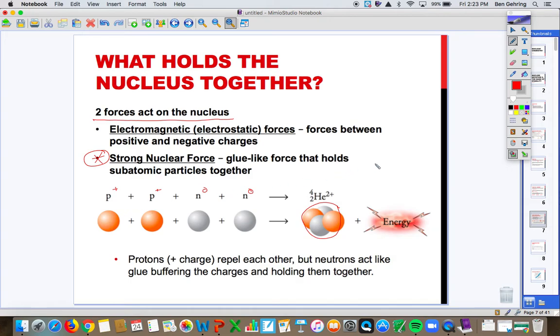The fact that the protons want to push apart is this electromagnetic force, and the electrons pulling from the outside is an electromagnetic force. So the electromagnetic force makes the protons want to go this way, and your strong nuclear force holds them together to create what we know as the nucleus. The protons are positive, they repel each other. Neutrons act like the glue, and they buffer the charges and hold them together. And that's how this all stays in one piece.